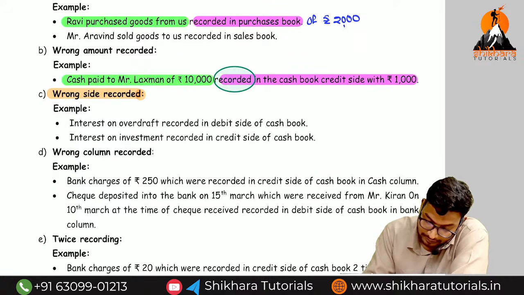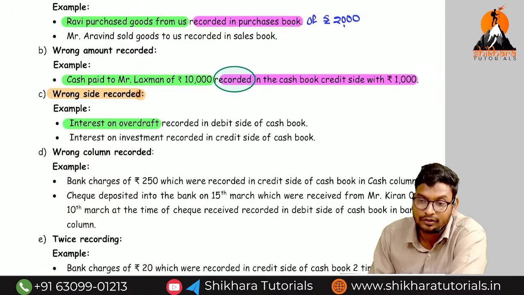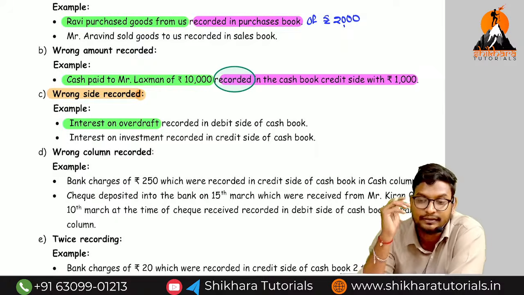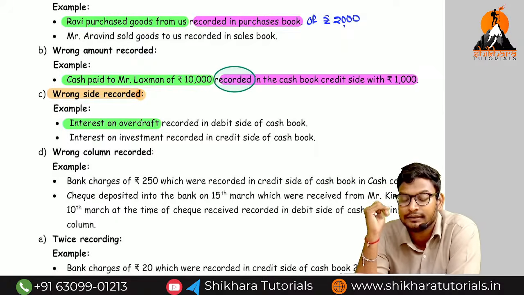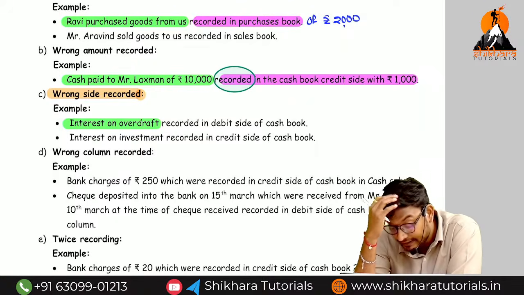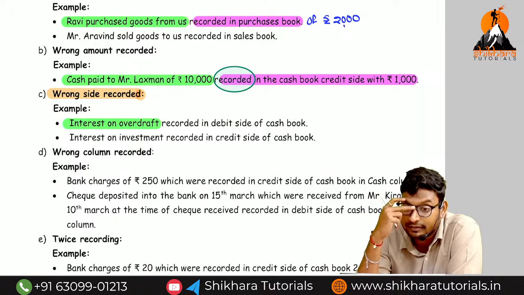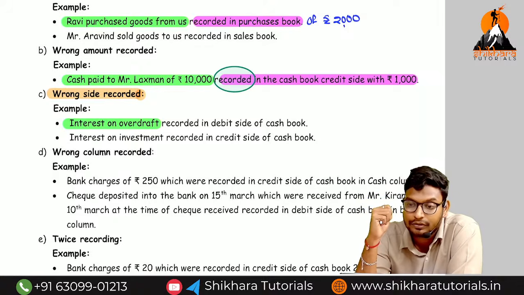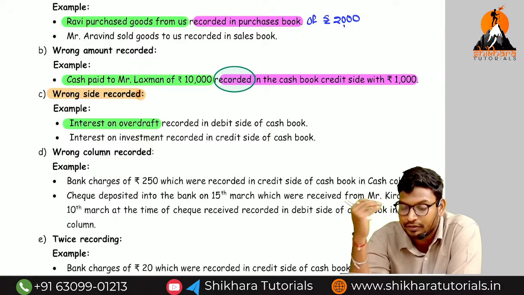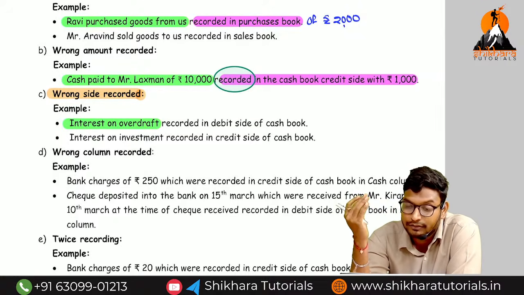Wrong side recorded. So first part, interest on overdraft. This is the normal transaction. Interest on overdraft means it is an expenditure. So we have to pay the amount. Interest on overdraft account debited to bank account we have to write, because we are going to pay in the form of bank itself.